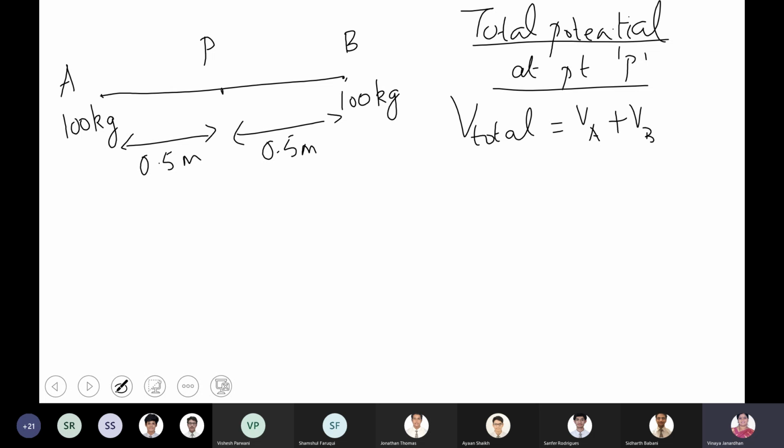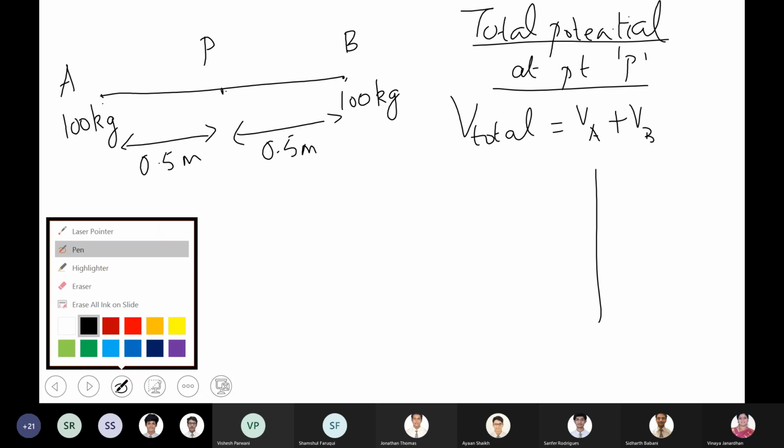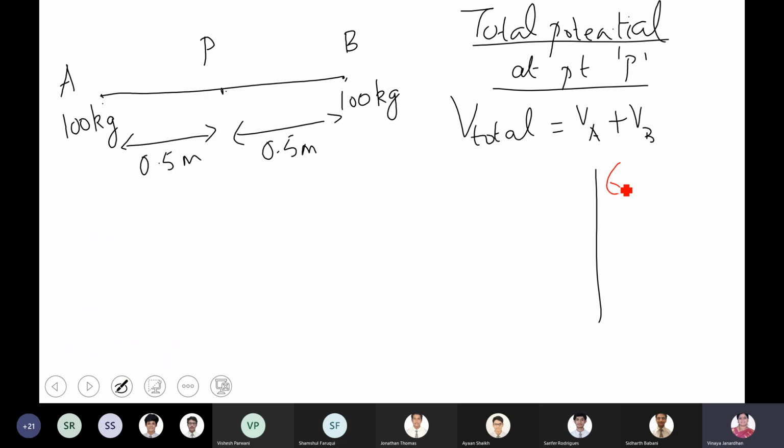The potential at point P due to the mass at point A is VA. Clear, boys? What is the general formula? Work by mass.